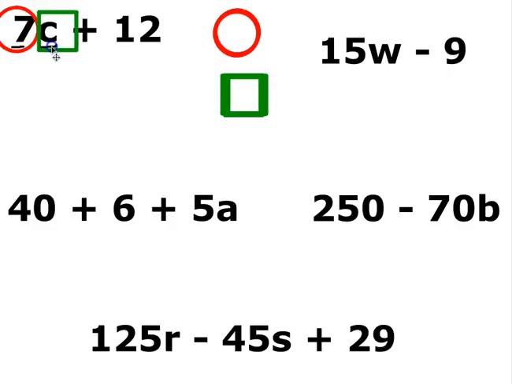Do this in your math notebook. Circle around the coefficient, square around the variable. And you have 4 remaining, because the first one I'm going to keep up here as a sample for you to look at. So 4 minutes, stop the timer here, and in 4 minutes we'll come back.